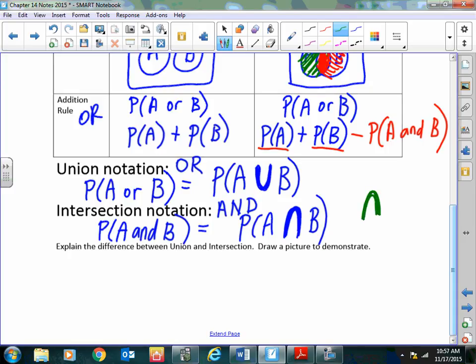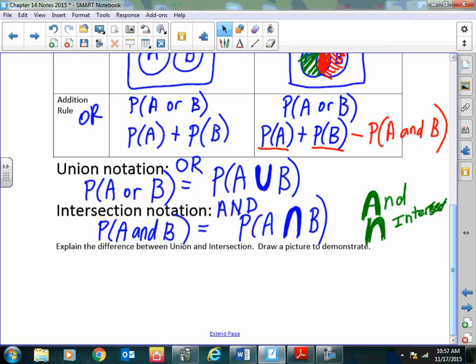Yep, this is your and. I'm a visual person, and so I like visual ways to remember things. If you say this looks like a lowercase n, like intersection, okay, so however you choose to remember it, remember it.